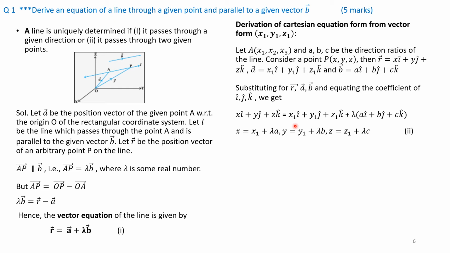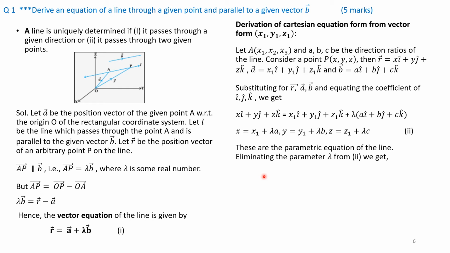Eliminating lambda and simplifying, from x is equal to x1 plus lambda a, we get lambda is equal to x minus x1 divided by a. Similarly, in the second equation, lambda is equal to y minus y1 divided by b, and finally from the third equation, lambda is equal to z minus z1 divided by c.